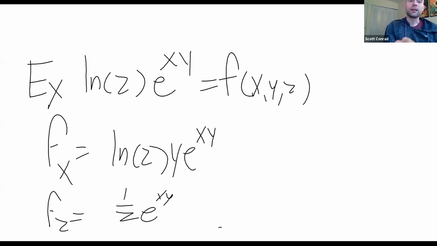That's not the case here. Now z is its own independent variable, so we can take the partial with respect to z. There's a subtle difference there, but you need to be careful that when you see something involving x, y, and z, it's a function of x, y, and z, and not z defined implicitly as a function of x and y.